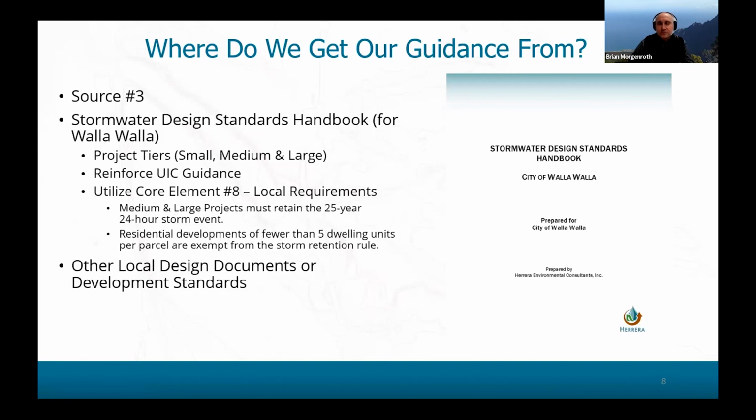For example, the storm size, okay? 25-year, 24-hour event, whatever that rainfall total amount is based on the Eastern Washington Stormwater Manual or your approved manual, put that number out there in your guidance, in your local development standard.